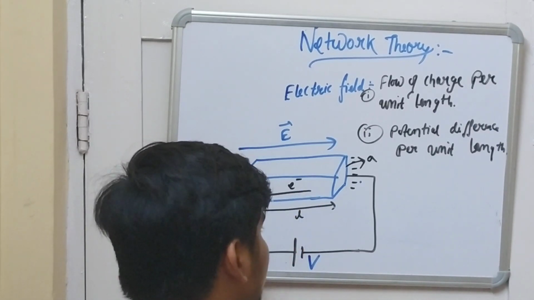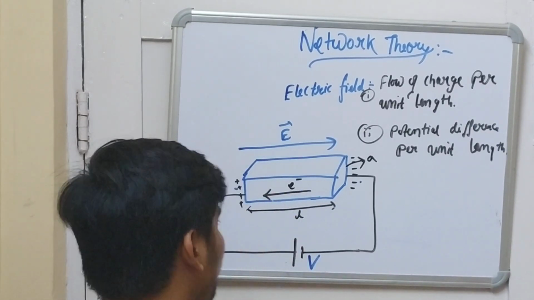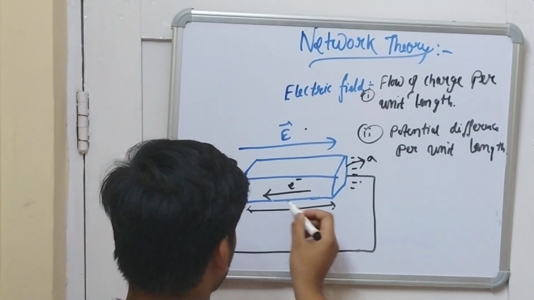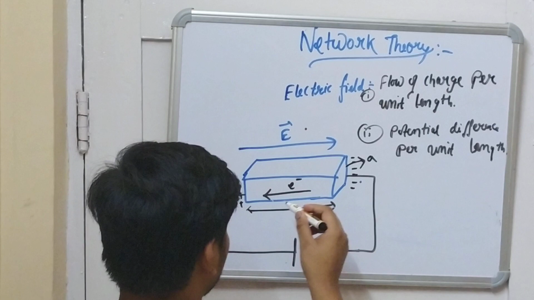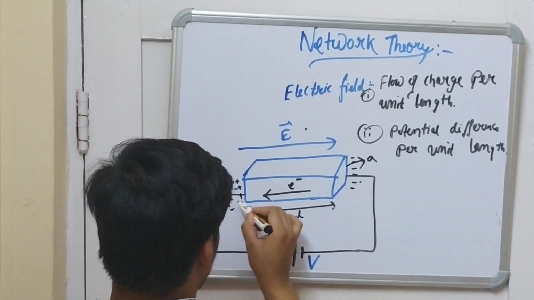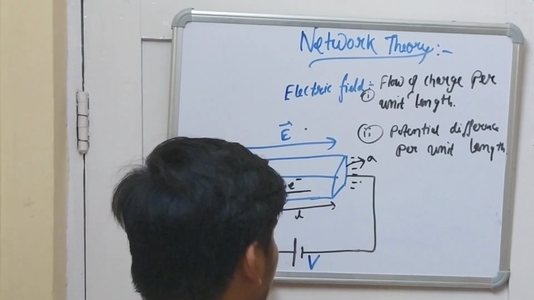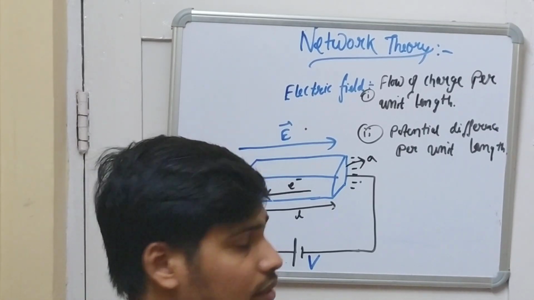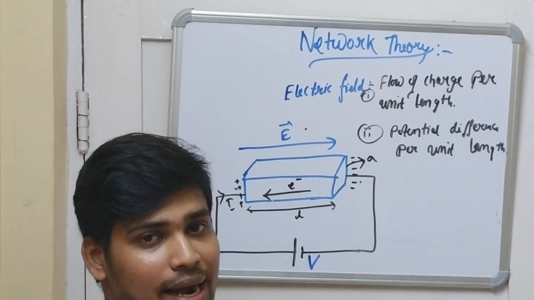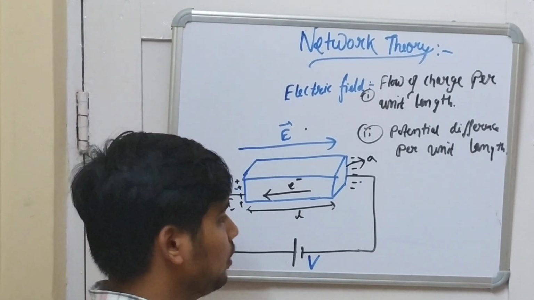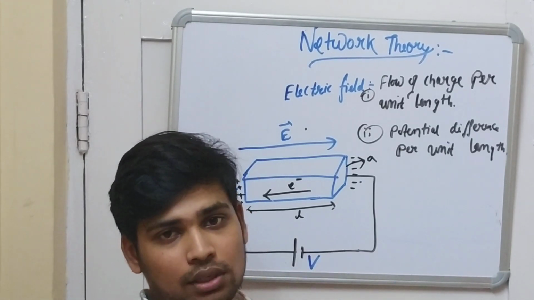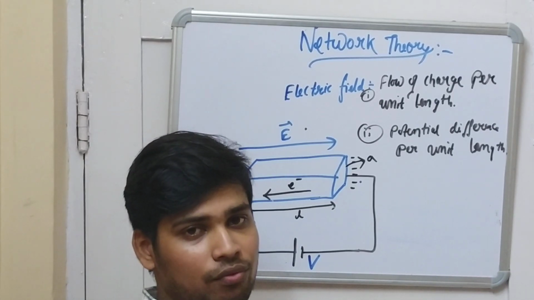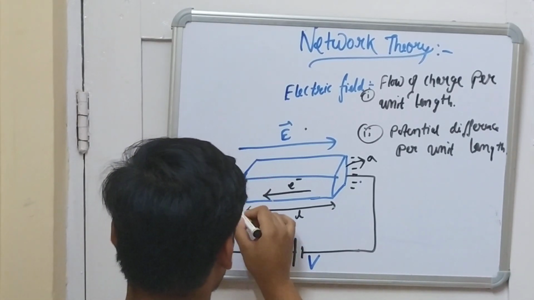It will align in a certain direction, opposite to the direction of the electric field. Now there will be the flow of current. The direction of current is opposite to the direction of flow of electrons. So now the current will flow.